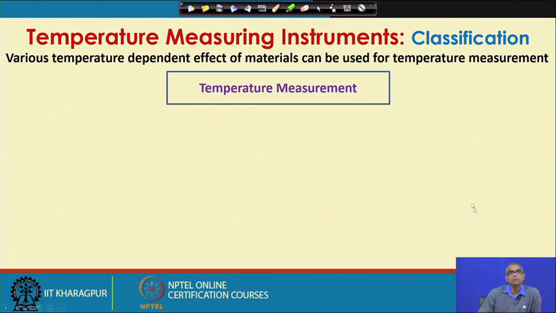There cannot be a single way by which we can do that. There are various temperature measuring instruments. We can classify differently. Let us say we can classify based on their range.